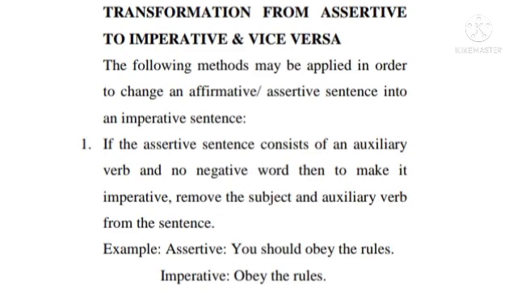So the first rule is: if the assertive sentence consists of an auxiliary verb and no negative word, then to make it imperative, remove the subject and auxiliary verb from the sentence.